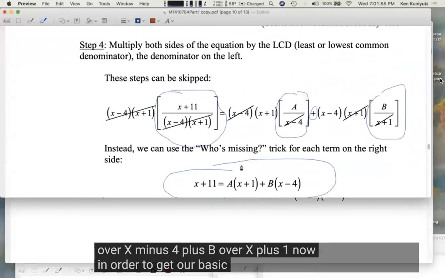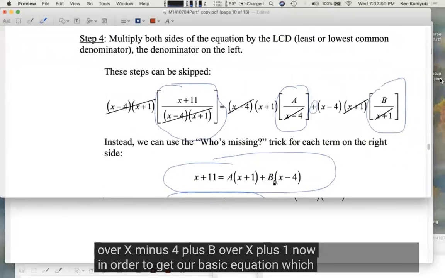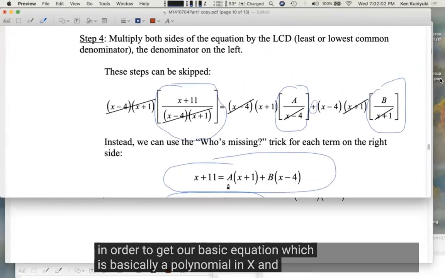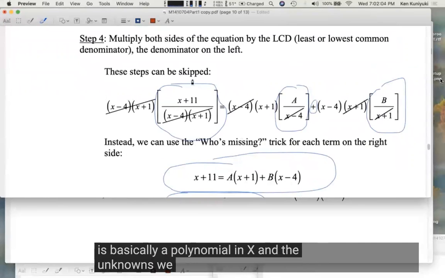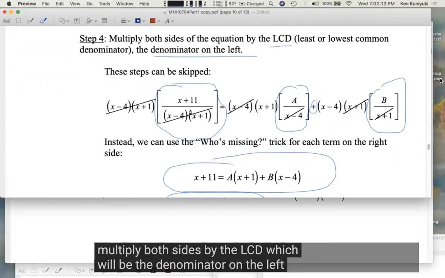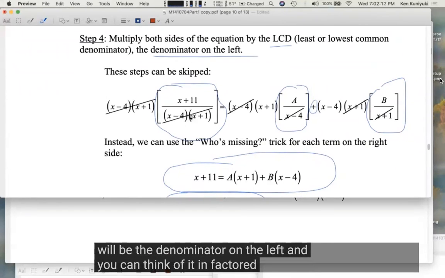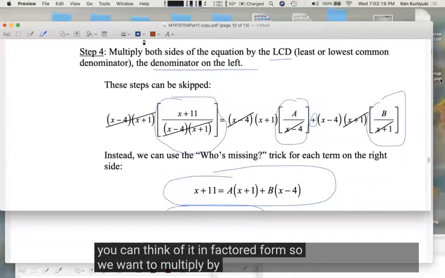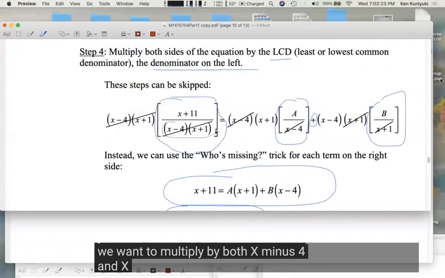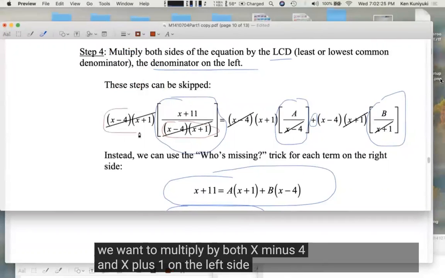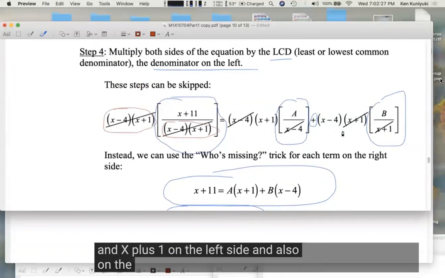Now, in order to get our basic equation, which is basically a polynomial in x and the unknowns, we want to clear the fraction over here. So basically, we're going to multiply both sides by the LCD, which will be the denominator on the left. And you can think of it in factored form. So we want to multiply by both x minus 4 and x plus 1 on the left side and also on the right side.